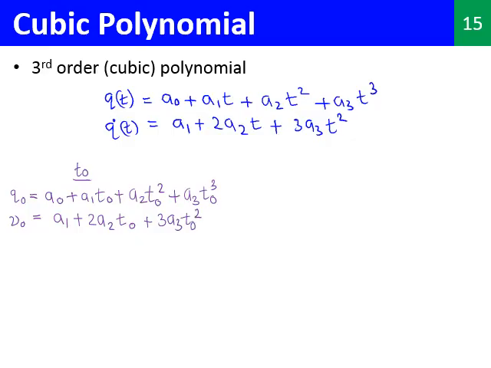Similarly, when t equals tf, we can again write the remaining two constraints.